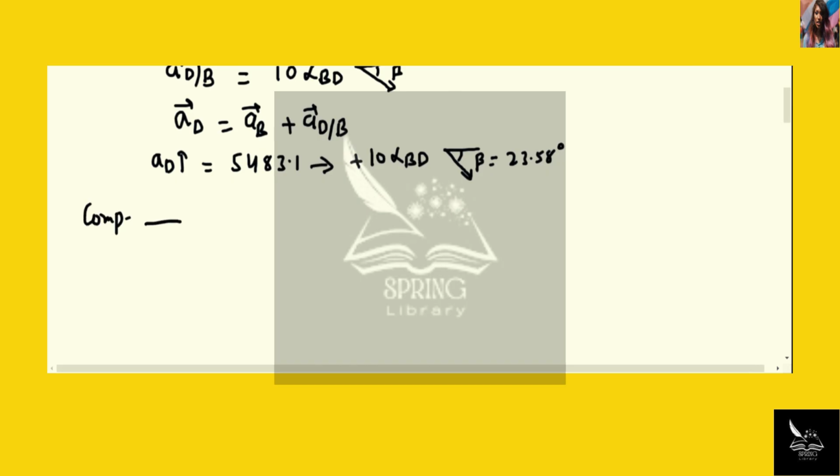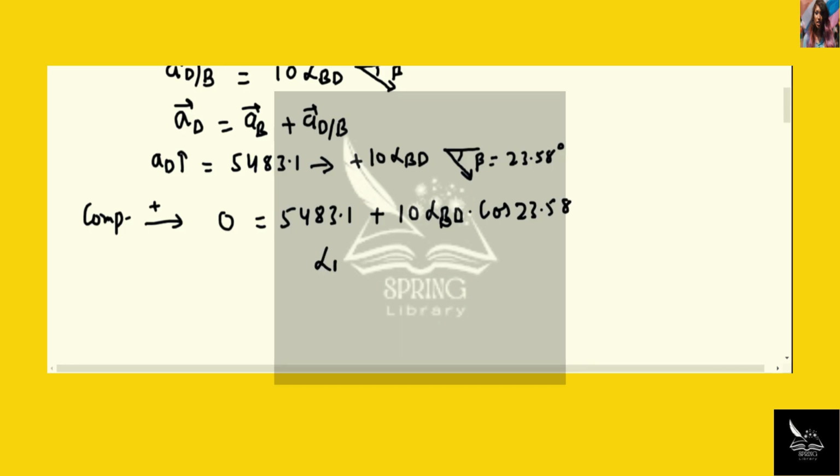Components along this direction we are taking positive, so this is 0 equals 5483.1 plus 10 alpha BD cos of 23.58.